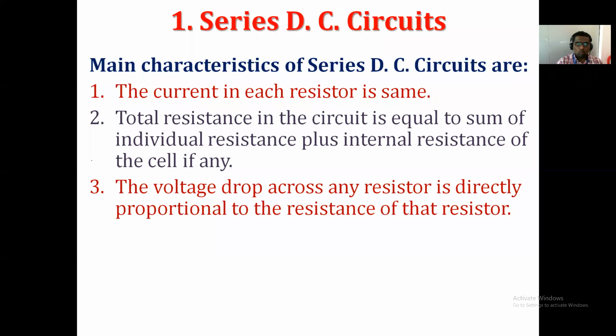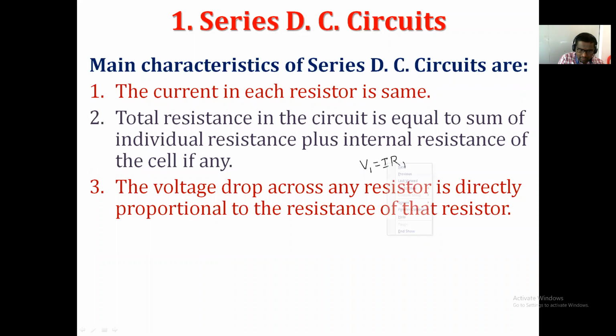Number three, voltage drop across any resistor is directly proportional to the resistance of that resistor. Now we know we have assumed that the voltage drop across R1 is V1, and across resistor R2 is V2. Can I write V1 is equal to I into R1? But what about this I?